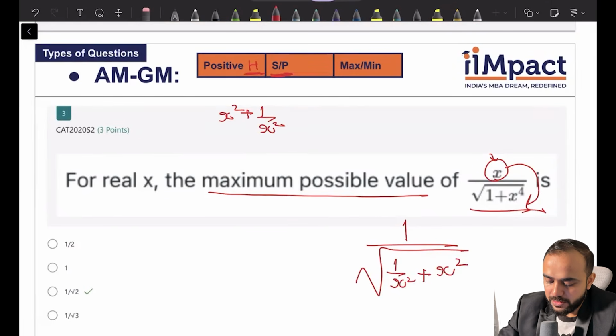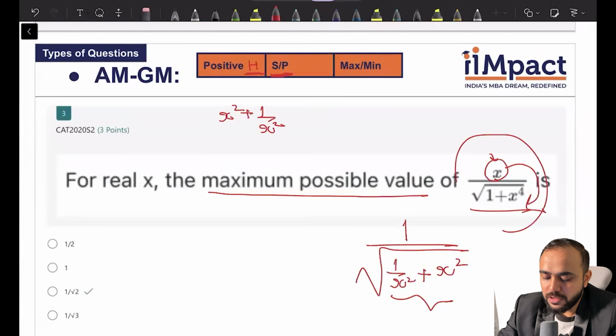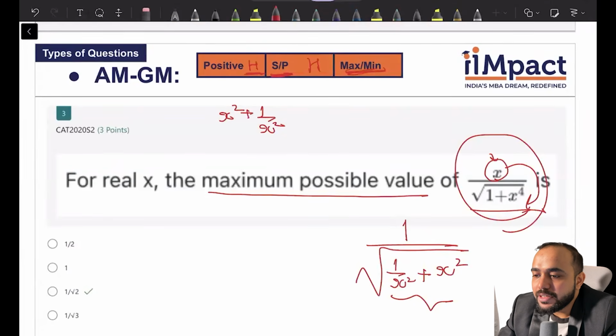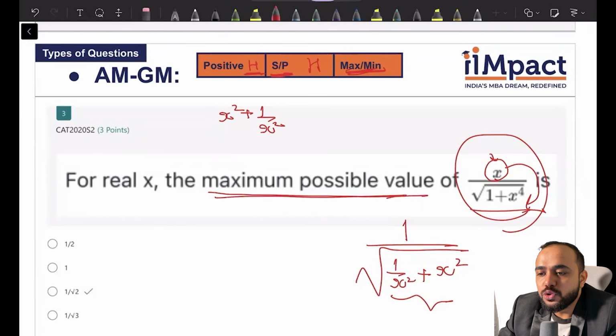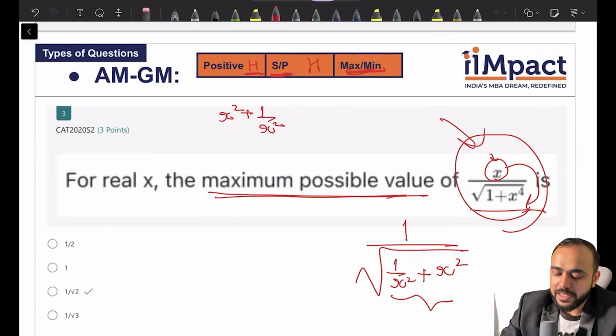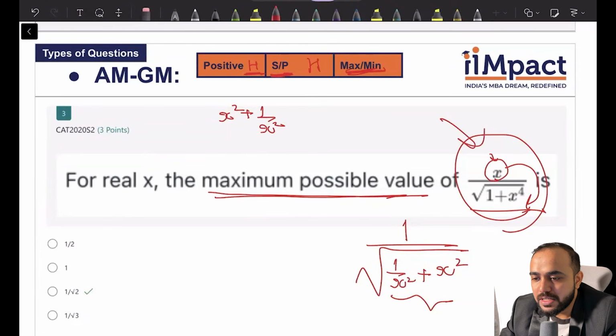This was very well hidden. Finally, max and minimum is where they again took a misstep. Maximum possible value immediately rings something in me that boss, maybe AMGM is something that I can apply. And then by looking at the expression, my immediate thought is that boss, let's send x inside.